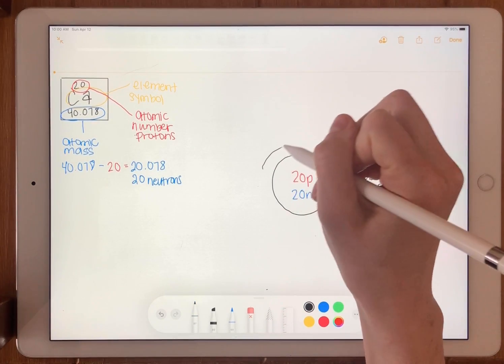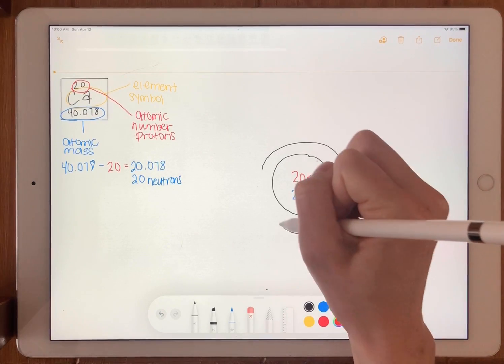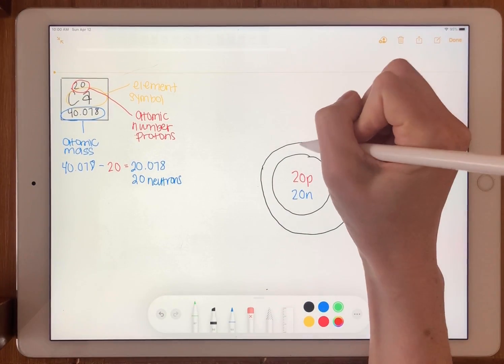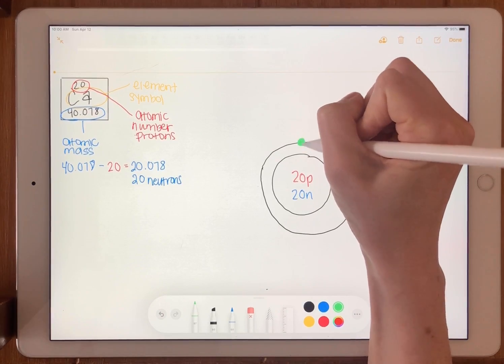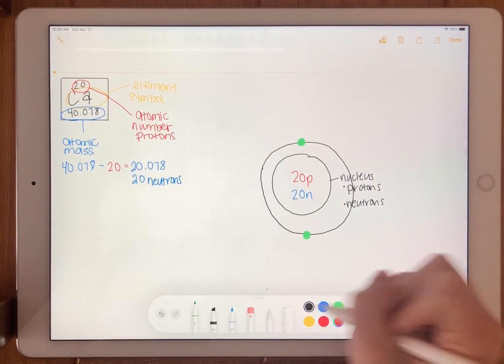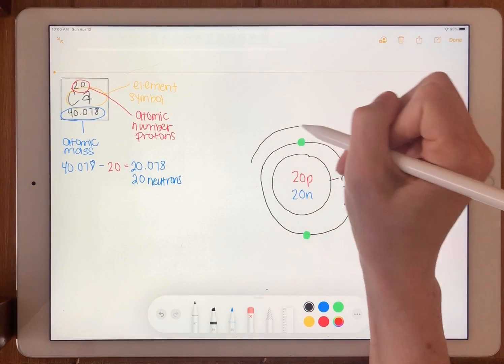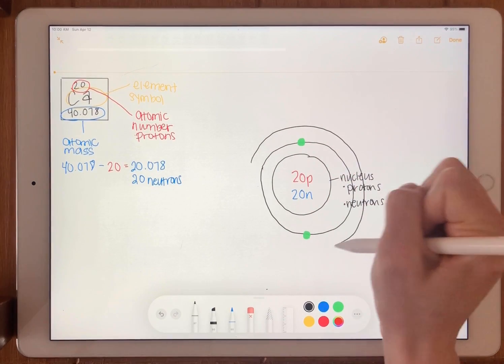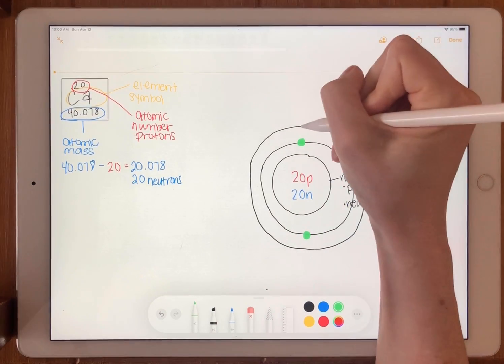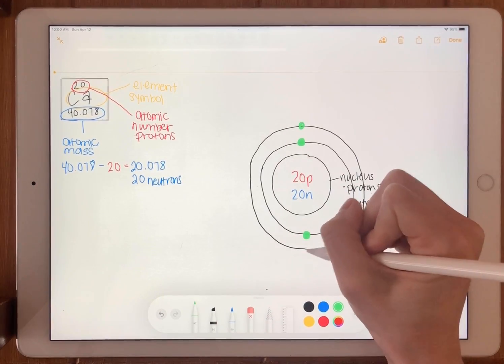So for the first ring, it can only hold 2 electrons. And for the following rings, they can hold 8 each. So on the first ring, we have 2. On the second ring, we will have 8.